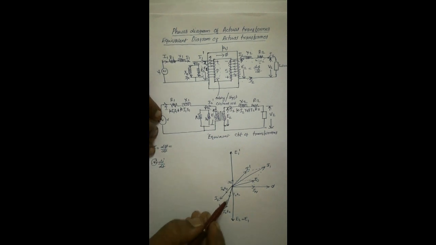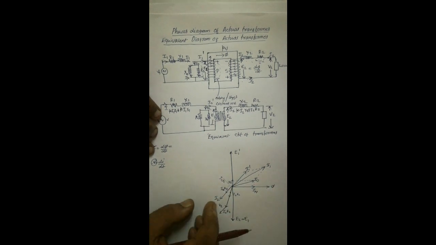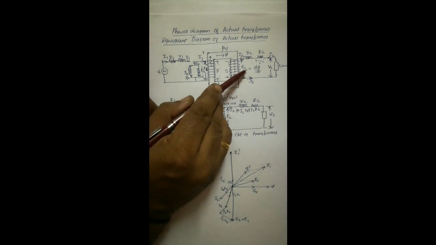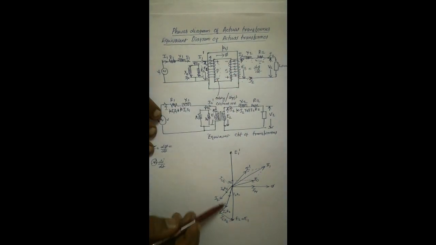This is I2X2, at 90 degrees with the current. Then we take this vector to here. This is I2X2, and then we get E2. That means E2 is equal to V2 plus I2R2 plus I2X2.